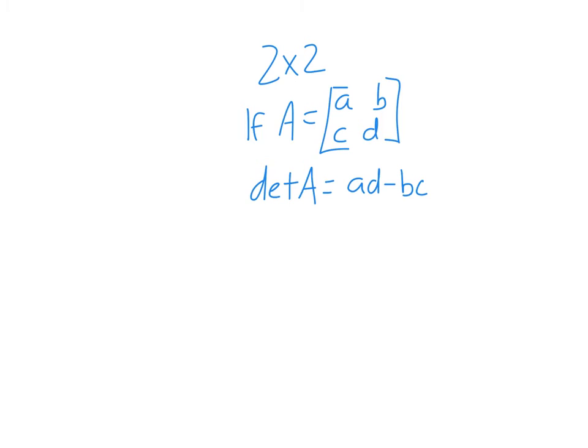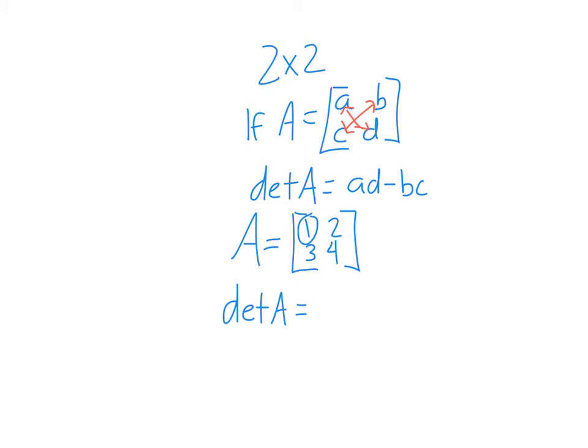So it turns out that finding the determinant of a 2 by 2 matrix is quite simple. You just multiply together the two elements on the leading diagonal and subtract the product of the two elements off the leading diagonal. So if we have matrix A as 1, 2, 3, 4, the determinant of A is AD, 1 times 4, minus BC, which gives us minus 2.